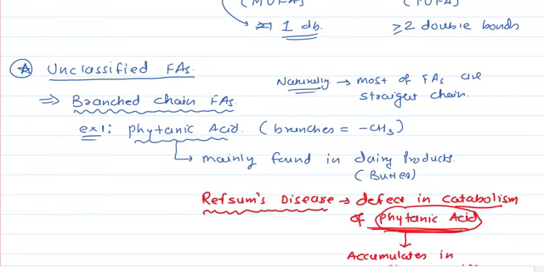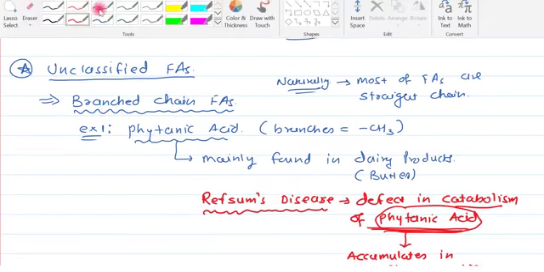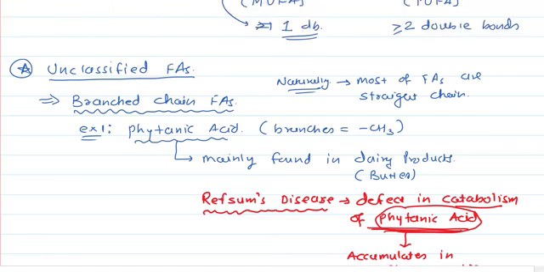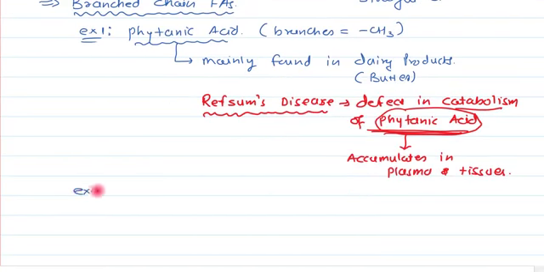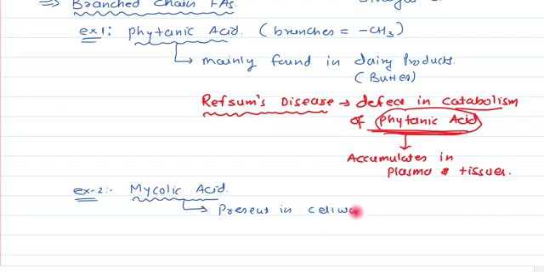The second important branched chain fatty acid is mycolic acid. Why is mycolic acid important for human biochemistry? Because it is present in the cell wall of Mycobacterium tuberculosis.